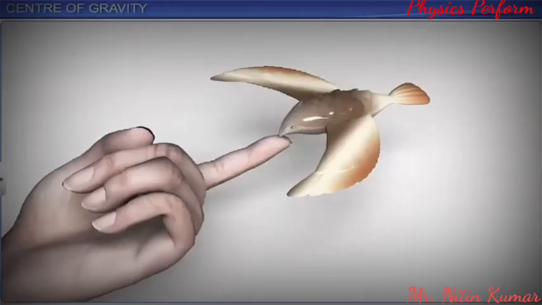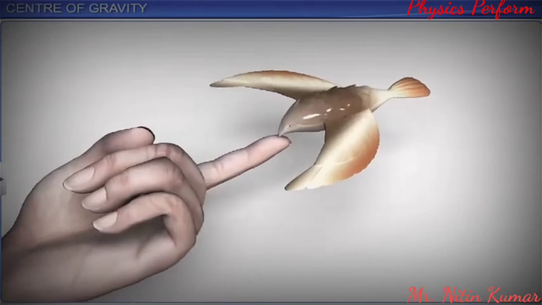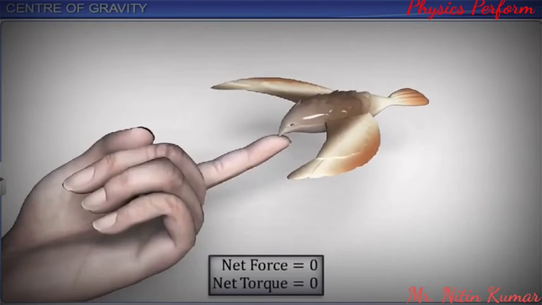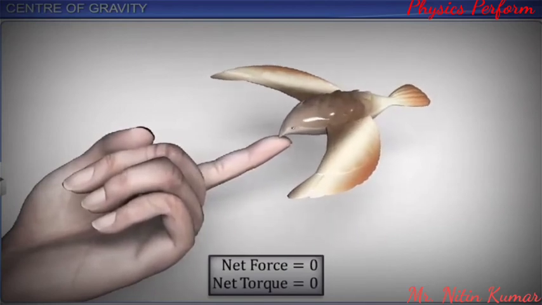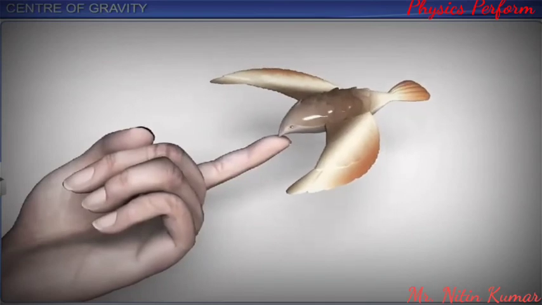The balancing bird shown here is in static equilibrium. That means net force and net torque acting on it must be 0. We know that there are 2 forces acting on the bird.